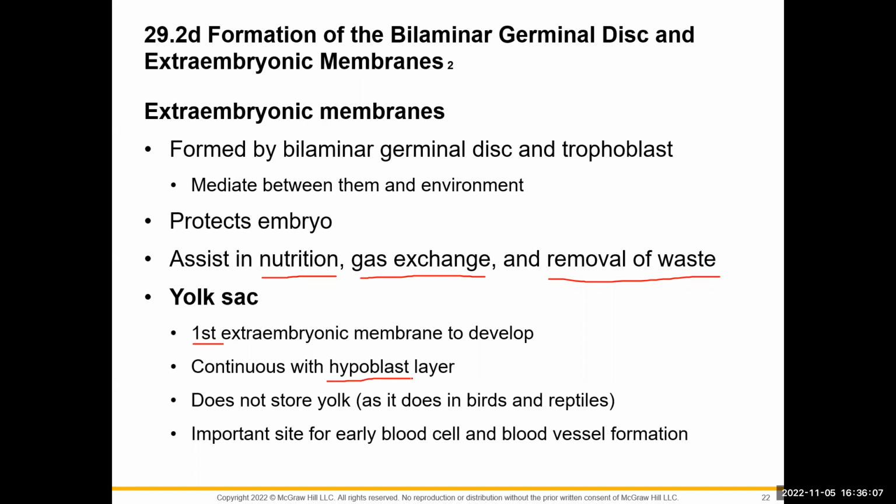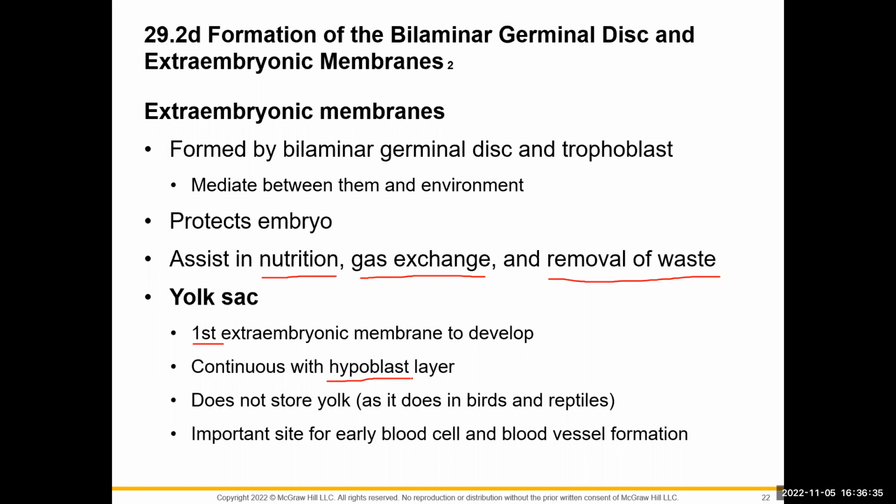Now, we're familiar, maybe some of us aren't, but when you've seen an egg, or in some of the other egg-laying species on the planet, the yolk sac is usually the sac that surrounds the yolk, and the yolk is usually where the developing organism is going to get a lot of its nutrients.